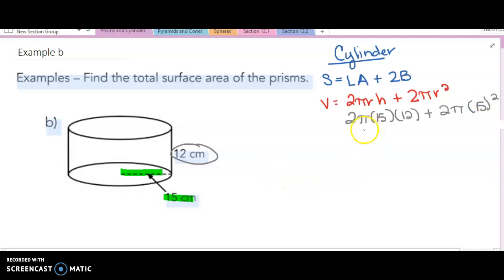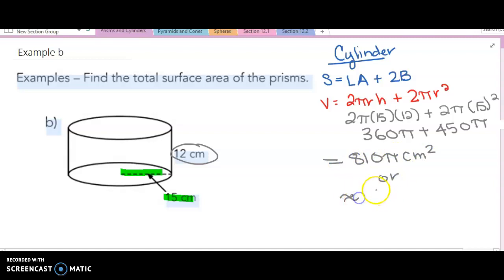So this is 360 pi plus 450 pi. So exact answer would be 810 pi centimeters squared, or if you want to round that, 2544.69 centimeters squared.